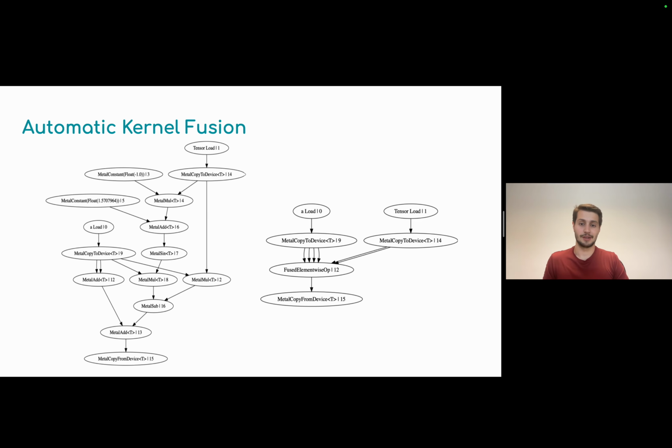So what does this actually look like in practice? Well, on the left, we have an unfused graph. It's a very sloppy, naive graph where we're doing a whole bunch of these different operations, and in between them, we always have to write our result back to memory and then read it back into the compute unit for the next operation. And what our compiler has done here on the right is merge all of them down into one kernel.